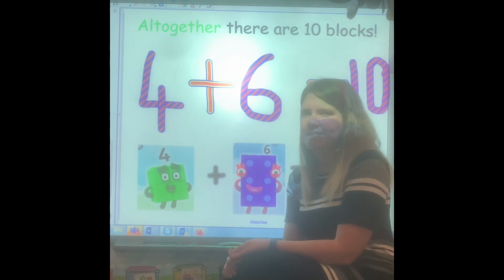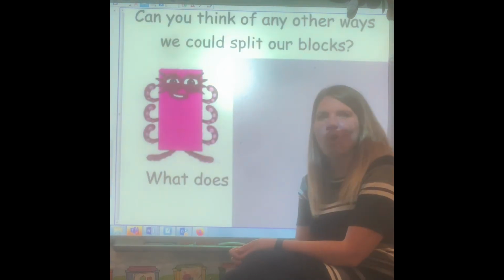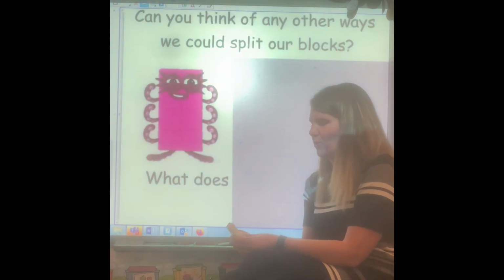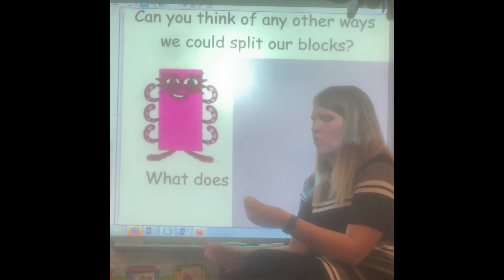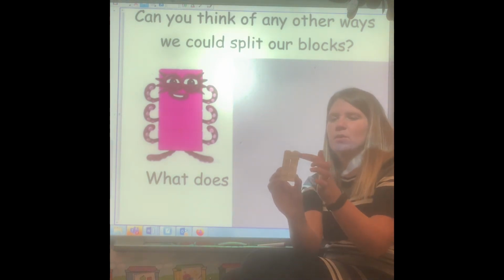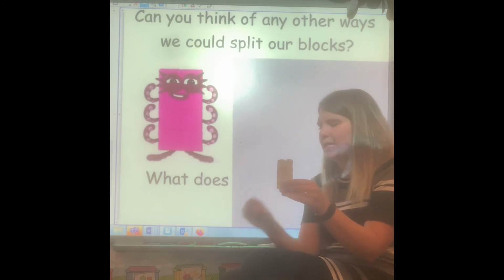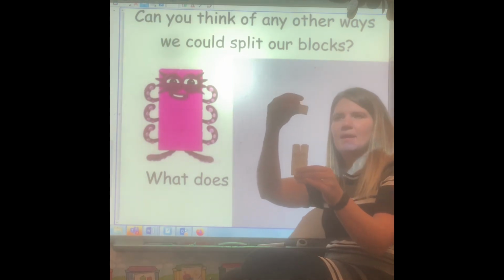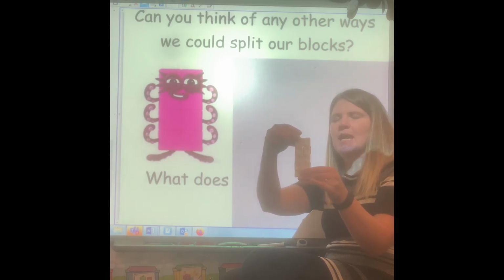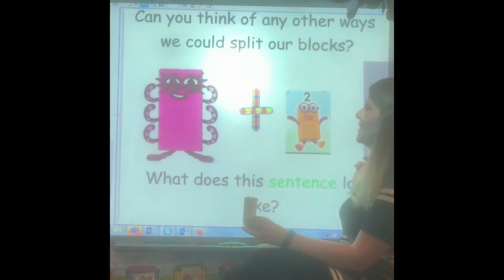Okay, next up, I've used Octoblock, because I know we like Octoblock, don't we? So if I've got Octoblock here, here's my 8. 1, 2, 3, 4, 5, 6, 7, 8. How many more do I need to get back to number block number 10? 8 and should be 2.